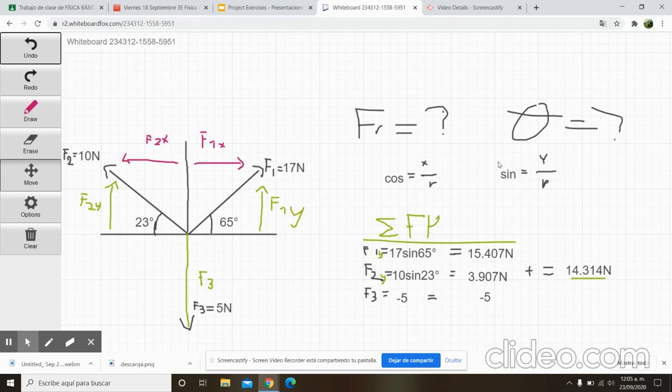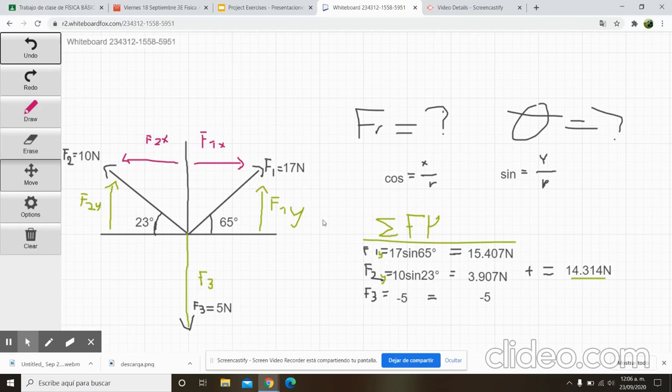We put the force, the y force, and then the angle, 55. If we type it in the calculator, it's going to be this result.